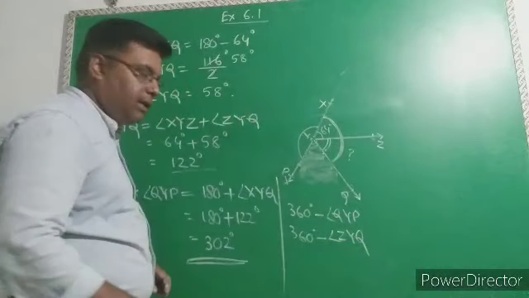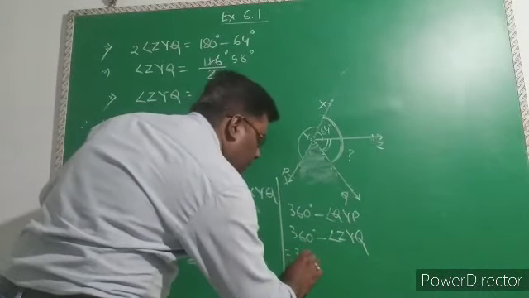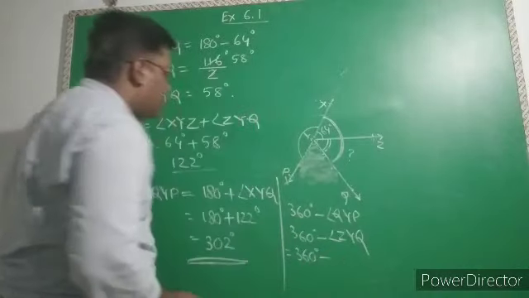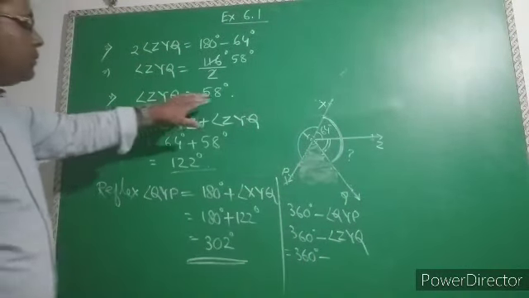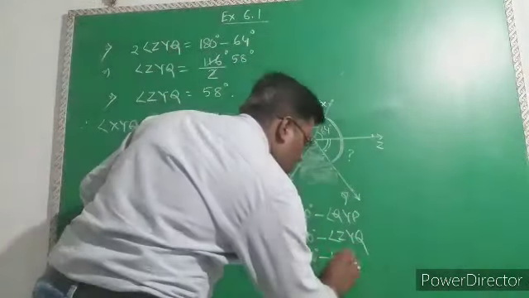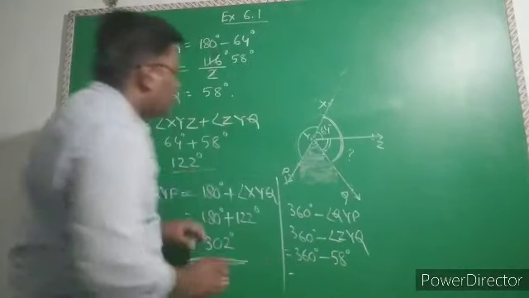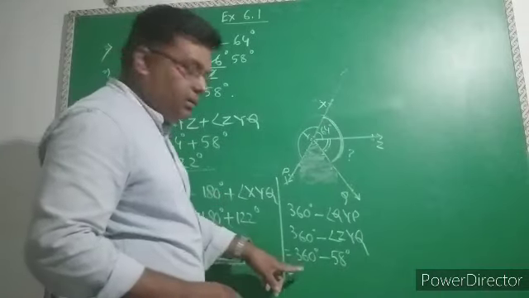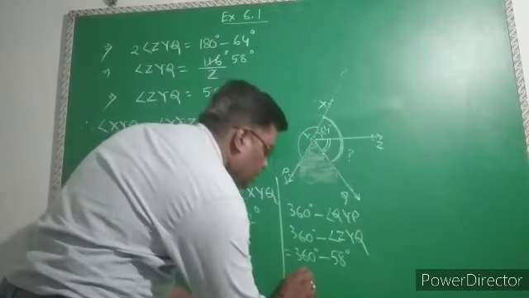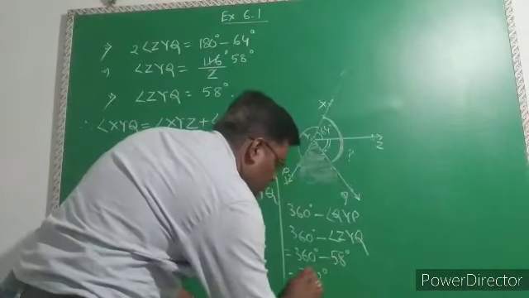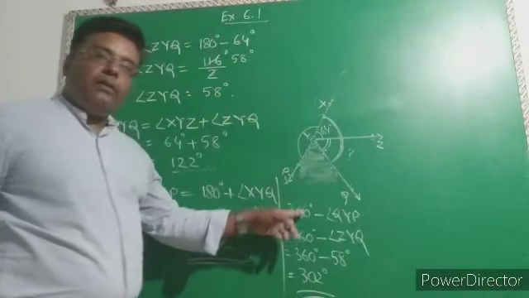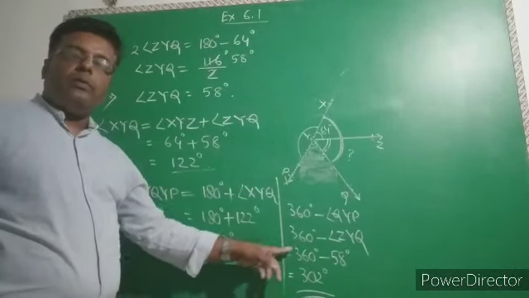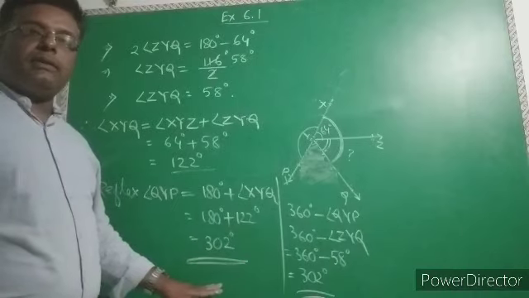So it equals 360 minus ZYQ, which is 58 degrees, as we already found. Now 360 minus 58 is 302 degrees. So you can proceed this way also. We get the same result. Okay.